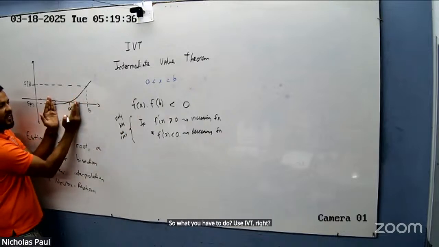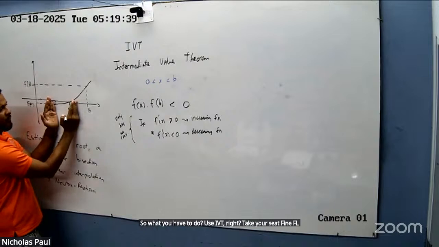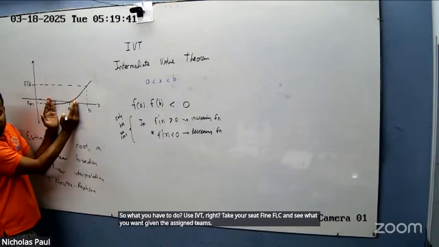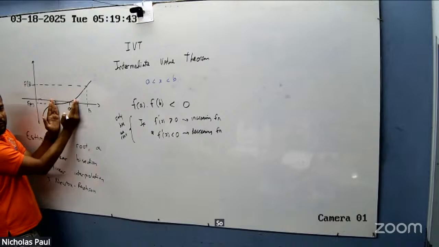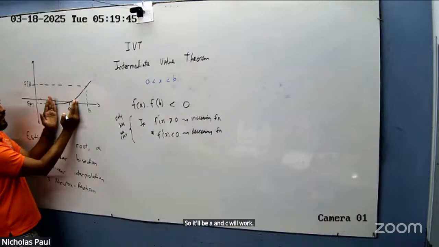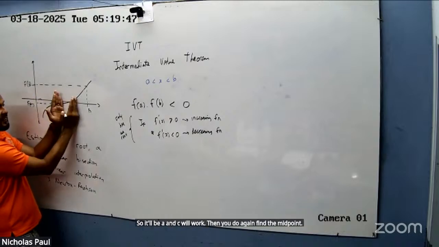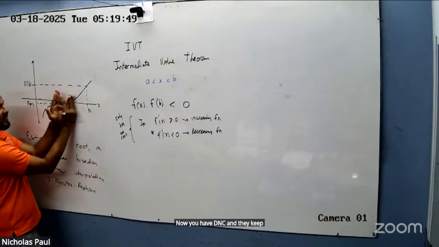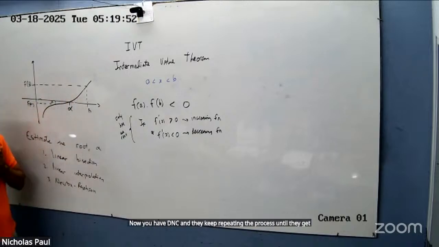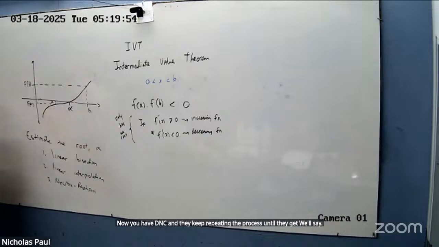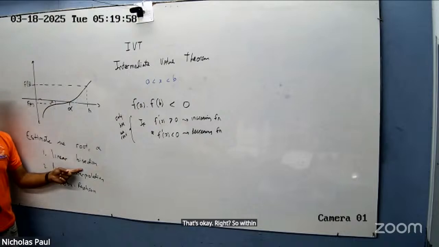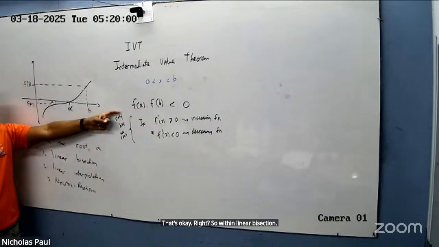So you use IVT. Take your C, find f of C, and see which interval gives you a sign change. So it will be A and C that work. Then you go again, find the midpoint. Now you have D and C. You keep repeating the process until you get closer. Within interval bisection, you're using IVT all the time.